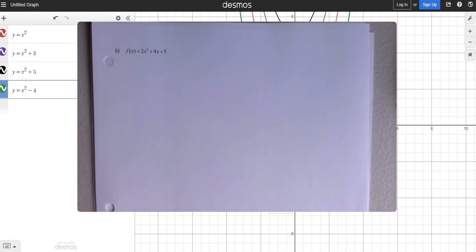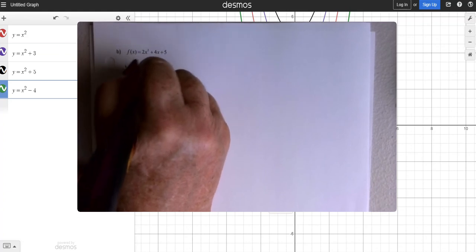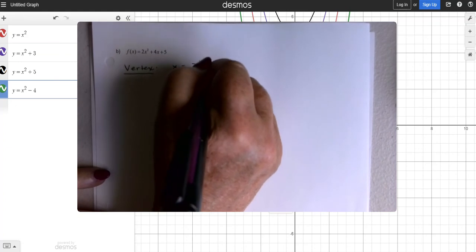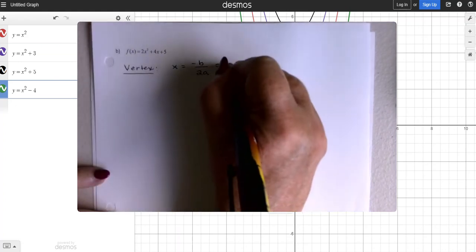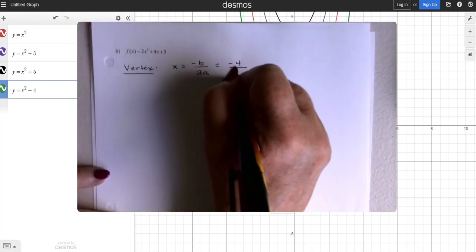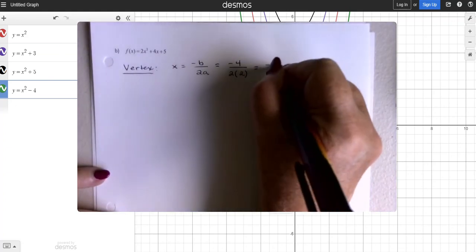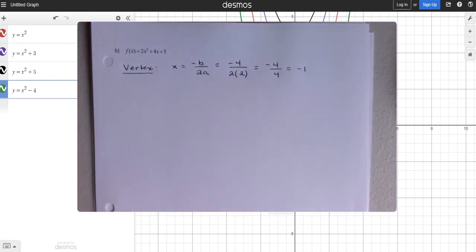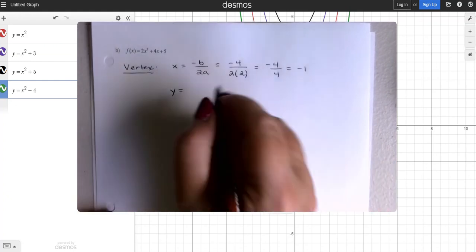Let's go ahead then and find the vertex using our vertex formula. x equals minus b over 2a. So that would be minus 4 over 2 times 2. And negative 4 divided by 4 is going to give me an x value of negative 1 for my vertex. Once I have the x, I can always just plug it in here to get the y.